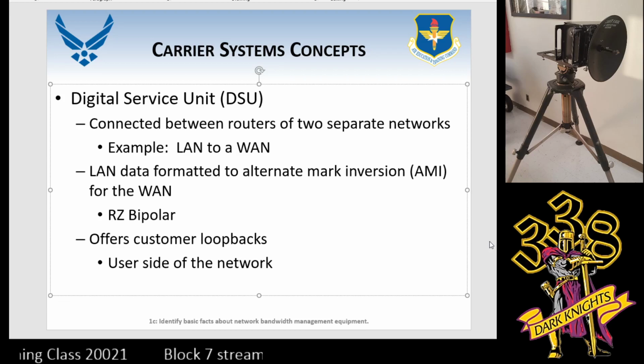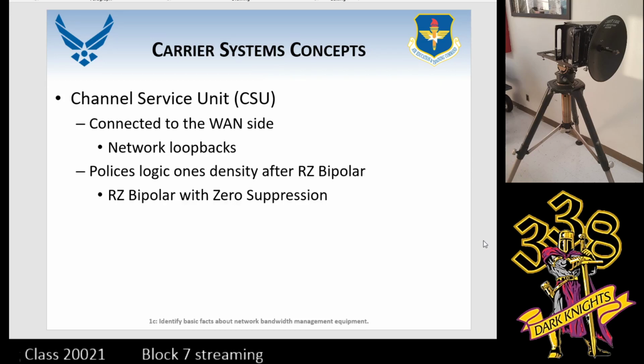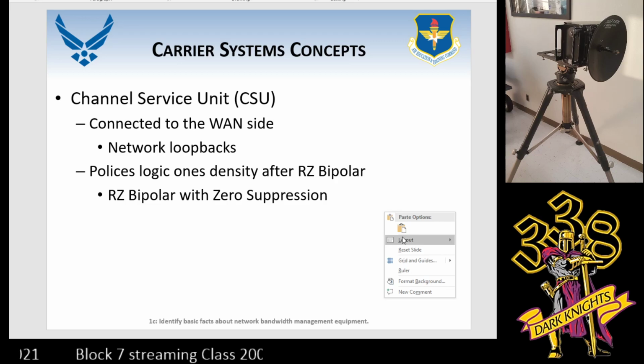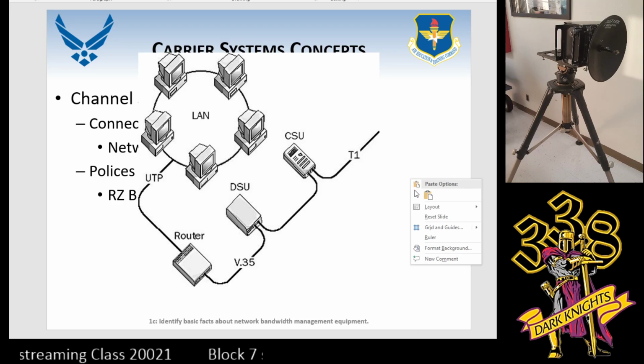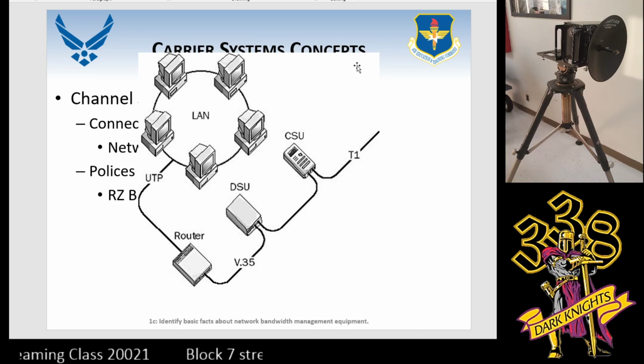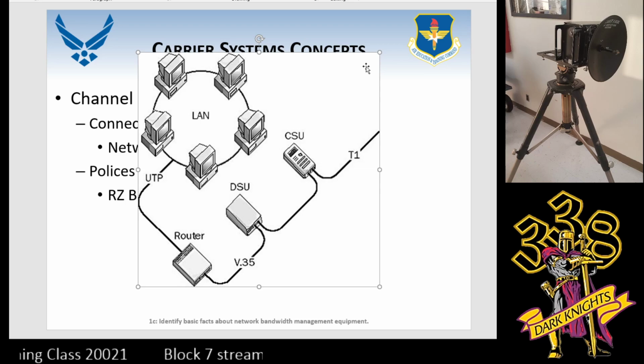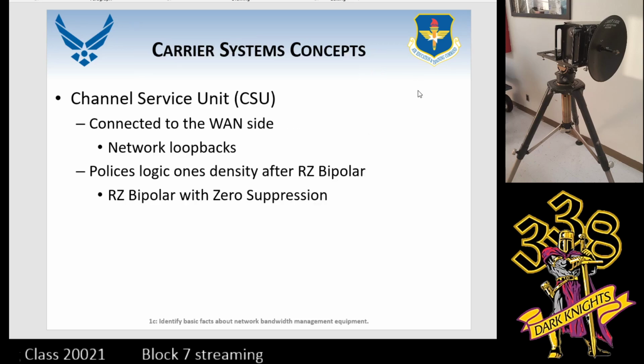When you take a look at the channel service unit, that's on the opposite side. Let me post this picture again. The CSU is where all the servers are, so that's the network side. DSU's with the customer again. Now look at the signaling format.